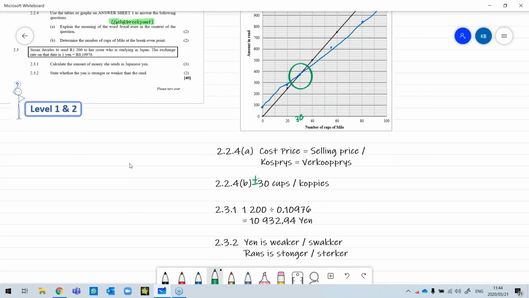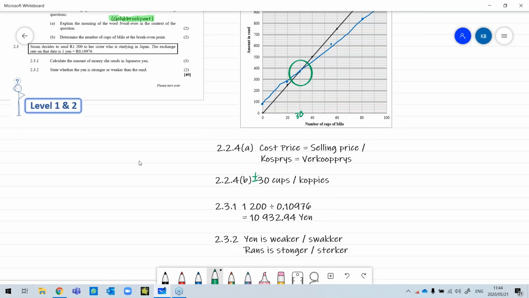Question 2.3. Susan decides to send 1,200 Rand to her sister who is studying in Japan. The exchange rate on that date is 1 yen equals 0 Rand and 10976 cents. 2.3.1. Calculate the amount of money she needs in Japanese yen.